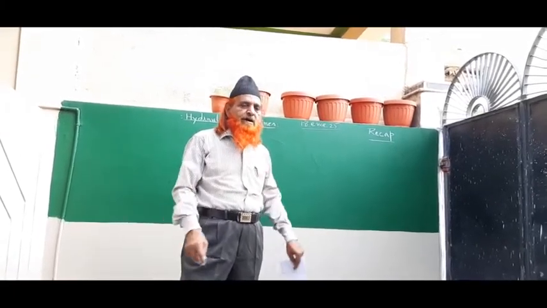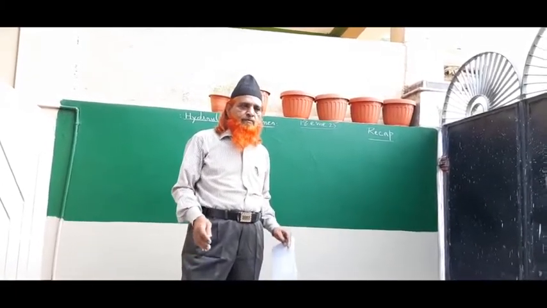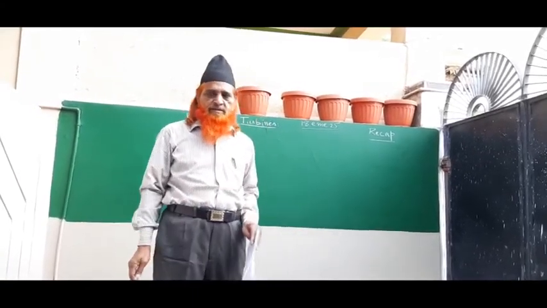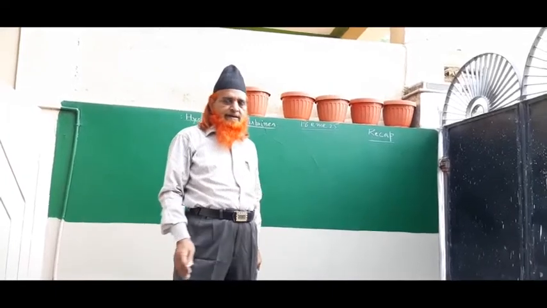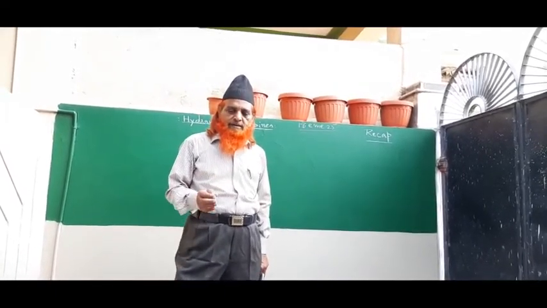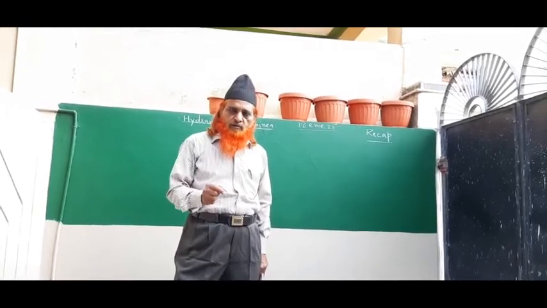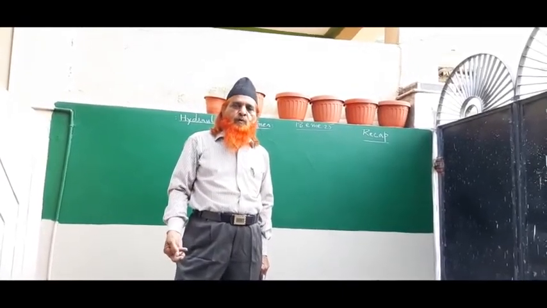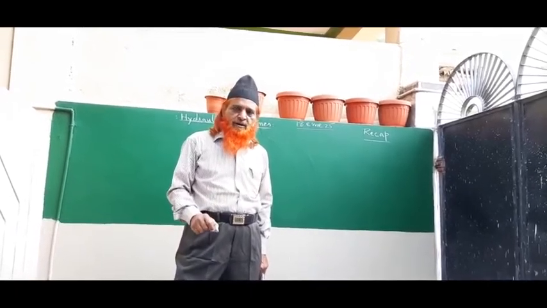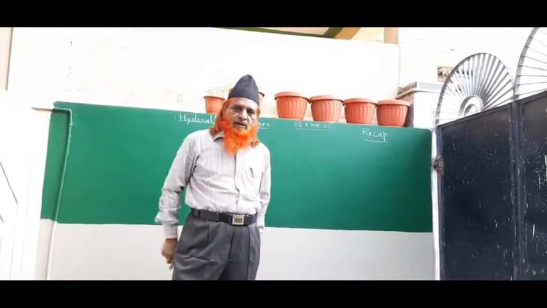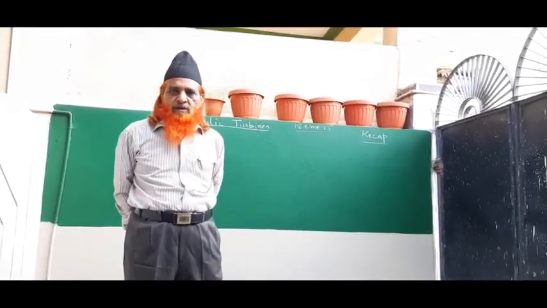Very often it is asked, differentiate between water tube boilers and fire tube boilers. In water tube boiler, water will be circulated inside the tubes, whereas in fire tube boiler, water will be circulated over the tubes in which the gases of combustion are flowing.